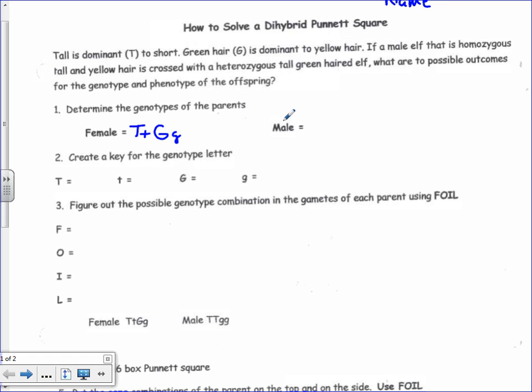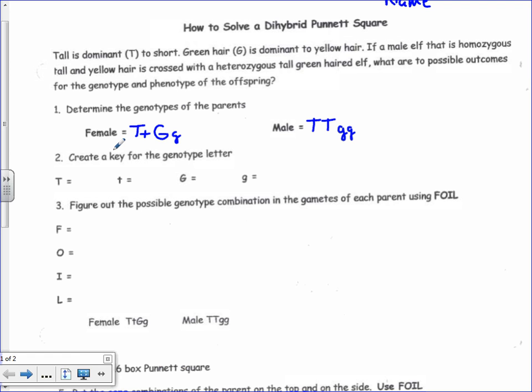For the male, we learned that he is homozygous tall and he has yellow hair. So we're going to make him homozygous for the dominant trait, which is tall, and we're going to give him yellow hair, and the only way he can have yellow hair is if he's homozygous for the recessive trait.